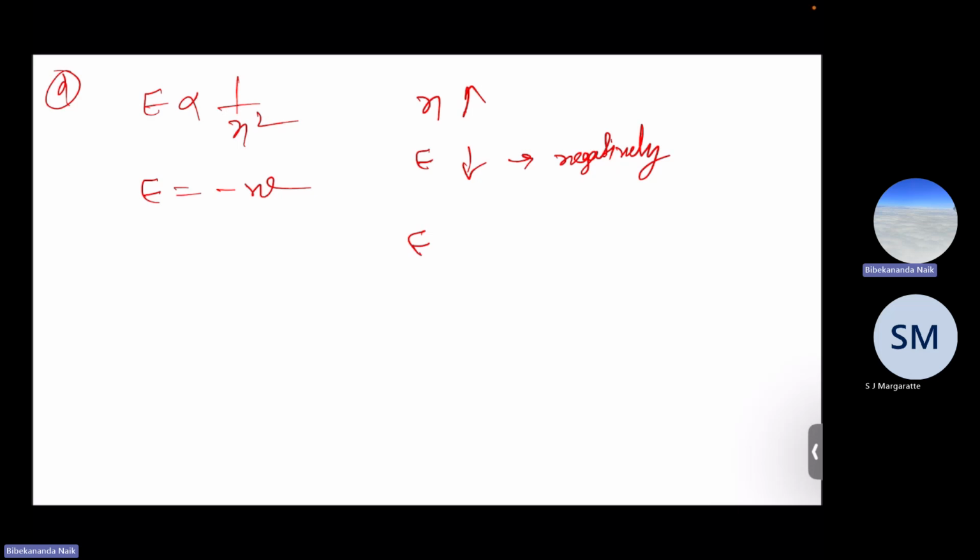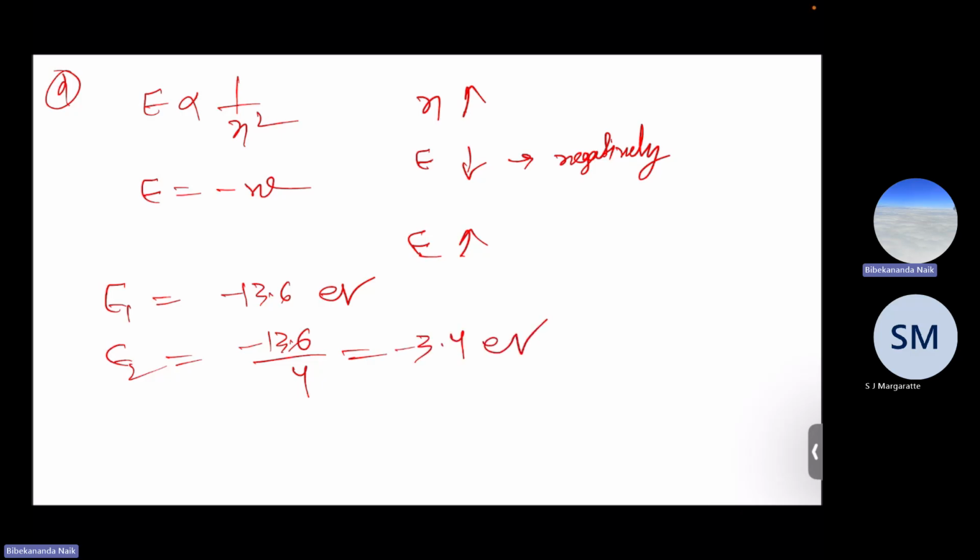So we can say E increases, because we know E1 is minus 13.6 electron volt, E2 is minus 13.6 divided by 4, which is minus 3.4 eV.